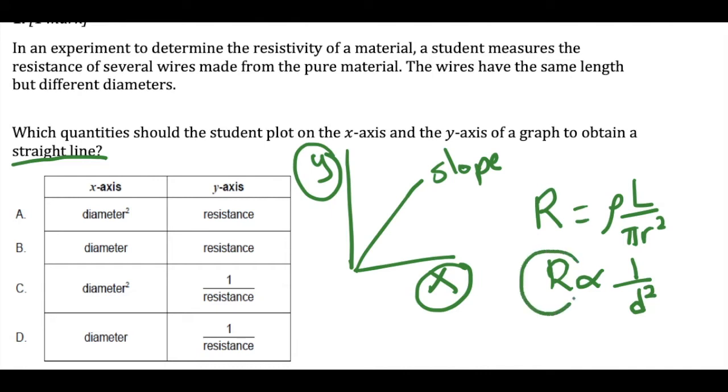This means you can plot that versus that and get a straight line. Since it's not one of our options, we could easily flip the two and plot d squared versus 1 over R, and that will still give me a constant slope.